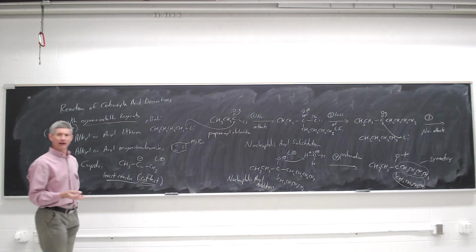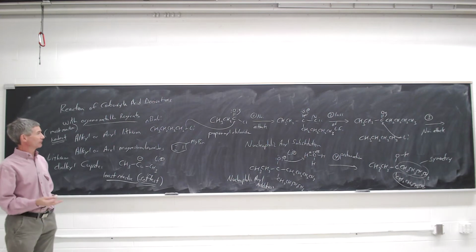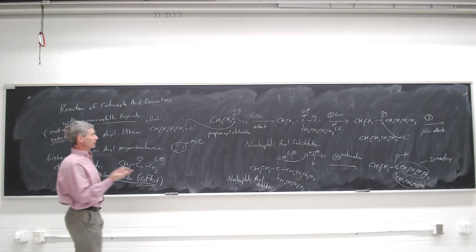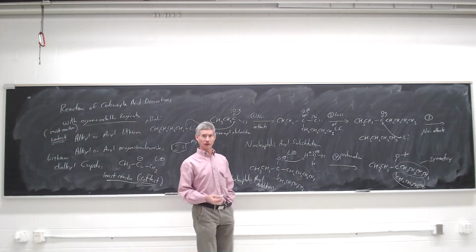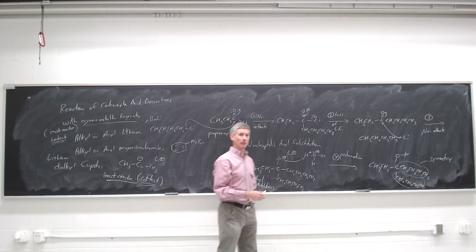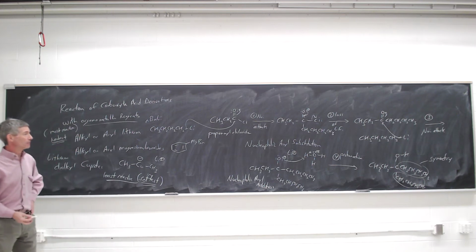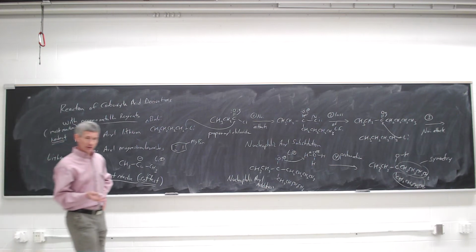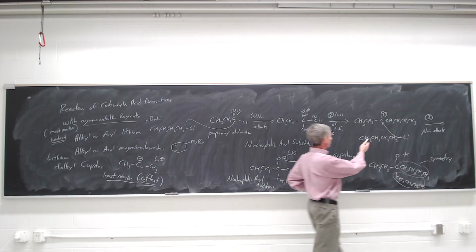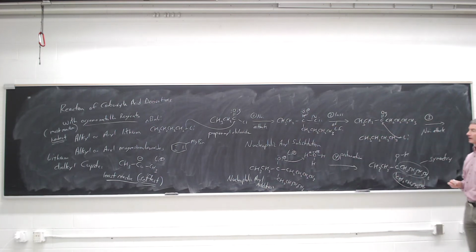And that's pretty much identical to what happened with lithium aluminum hydride reacting with an acid chloride, where the first hydride did a nucleophilic acyl substitution reaction, taking out chloride as the leaving group, and then the second hydride reacted with the aldehyde, forming the primary alcohol. You're limited because the ketone reacts with the excess alkyl lithium or alkyl magnesium bromide. You're limited to symmetrical tertiary alcohols, where two of those R groups are going to be identical.